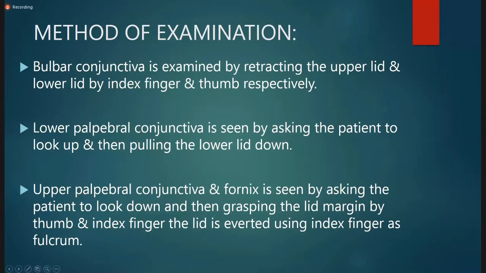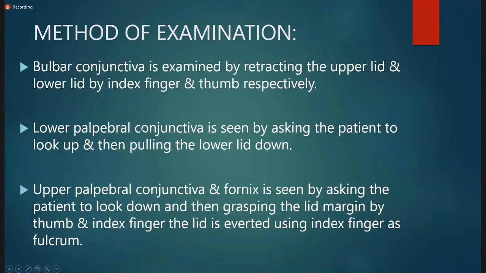Look, in this case, the upper lid is everted. How is it everted? This is the method of examination. First, bulbar conjunctiva is examined by retracting the upper lid and lower lid by index finger and thumb respectively.